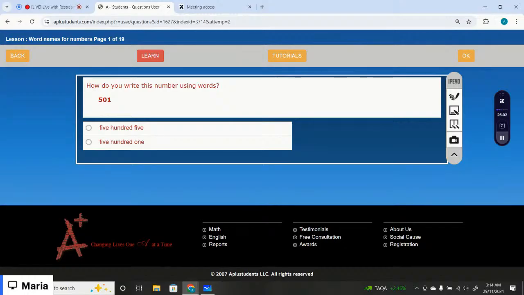That is 501. Option number 2 is the correct option.